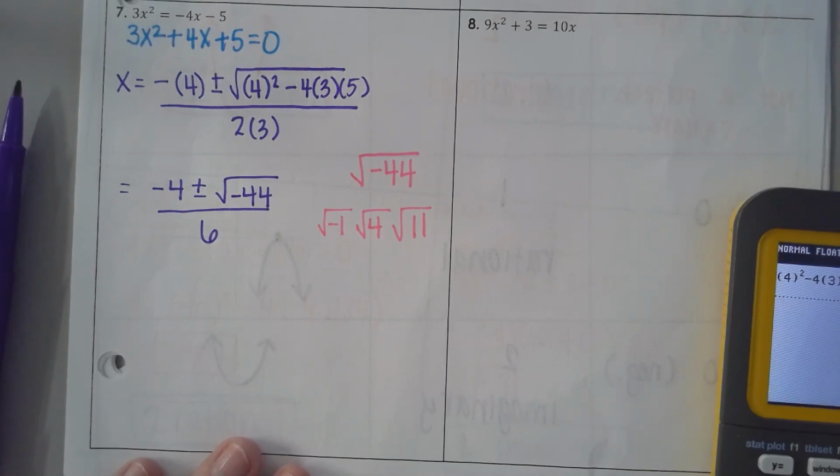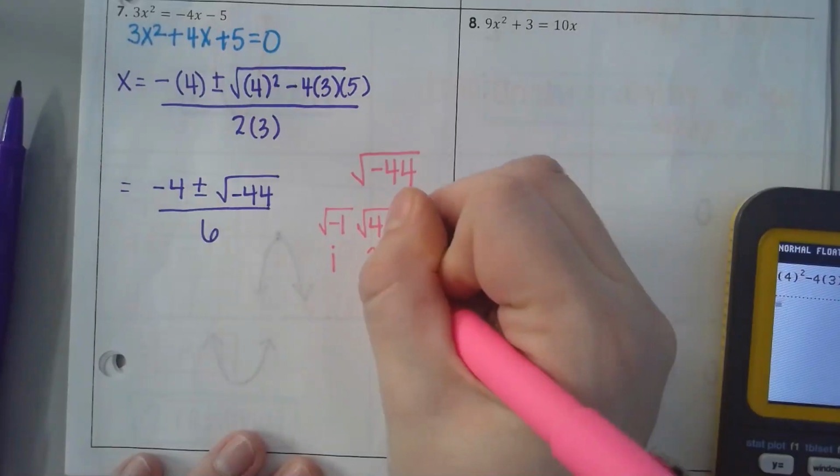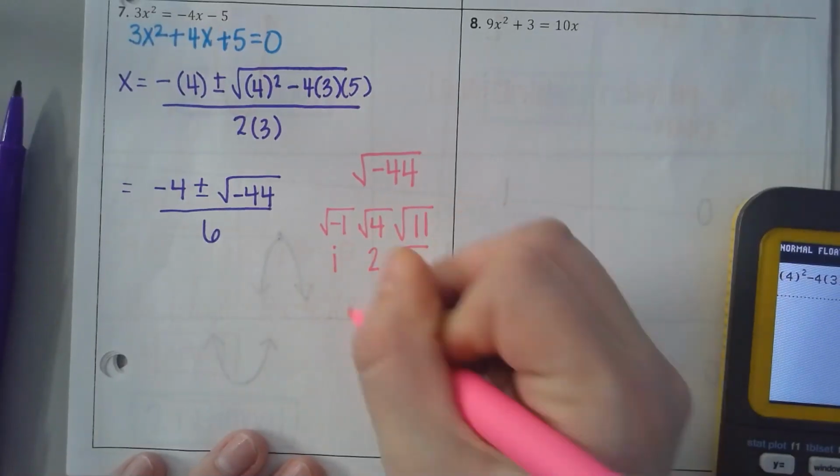What is the square root of negative 1? What is the square root of 4? 2. Bring down your square root of 11.